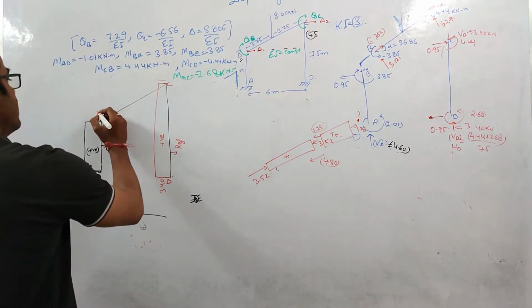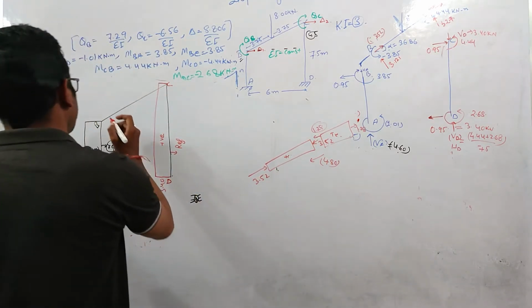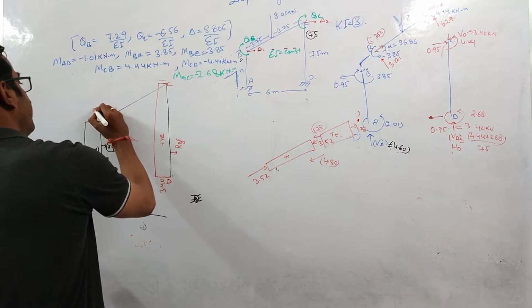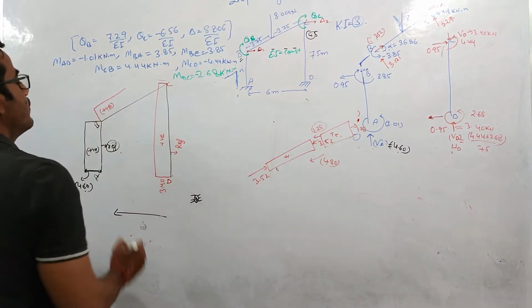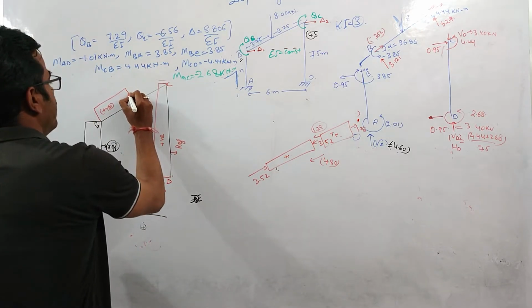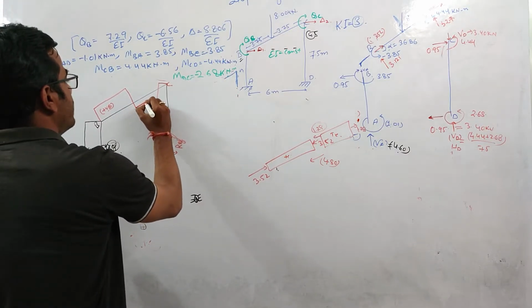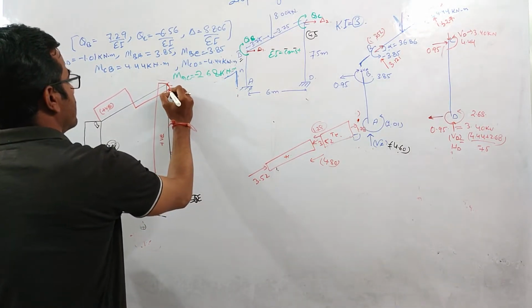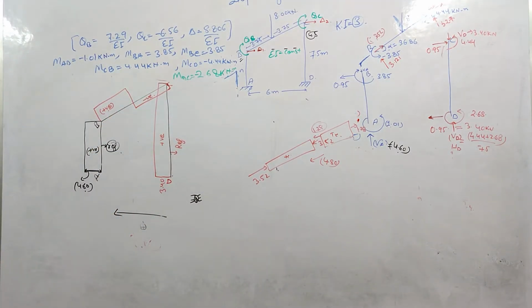Compression above this reference axis I am taking positive, so first this is positive 3.52. And after that the value is 1.28, so this is negative, right? So this is basically the axial force diagram, right?